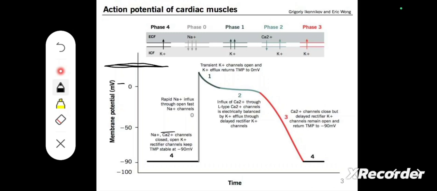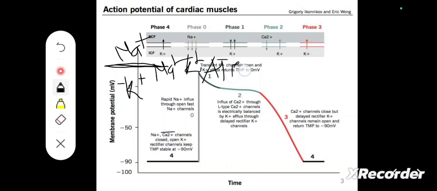For example, in the extracellular fluid there is a higher amount of sodium ions, and inside the myocardial cell there is more potassium ions. This concentration gradient is maintained by one pump, the sodium potassium ATPase pump.